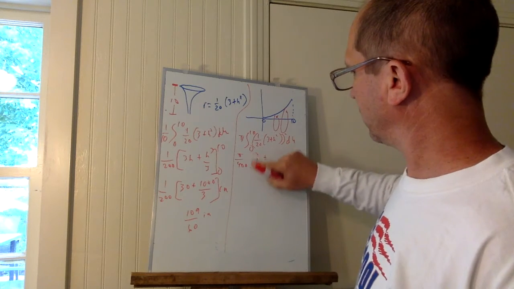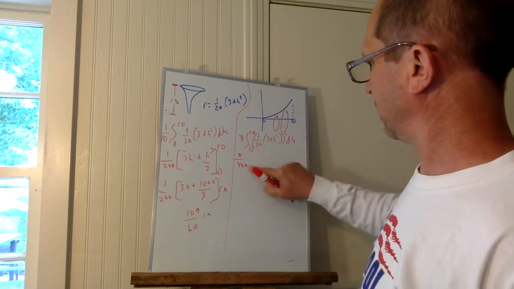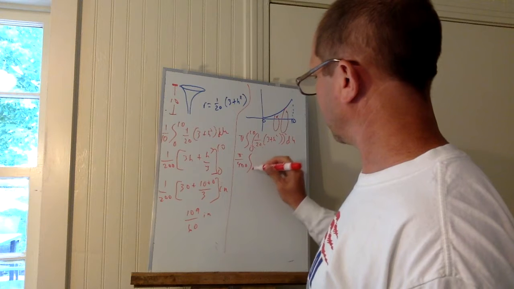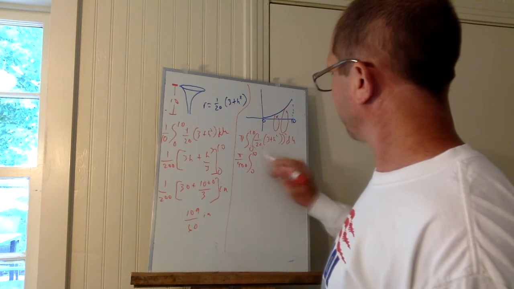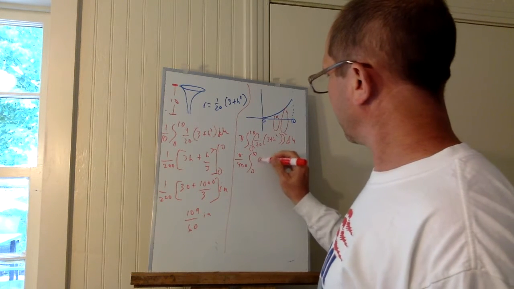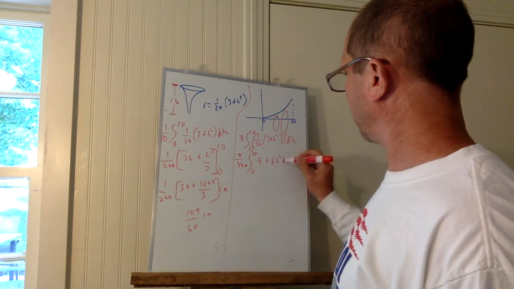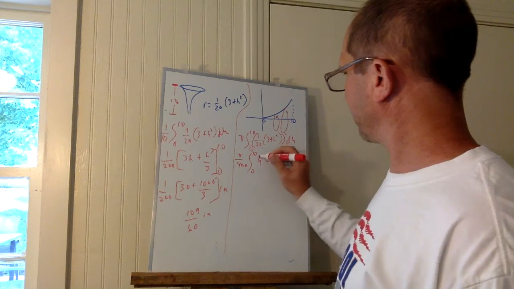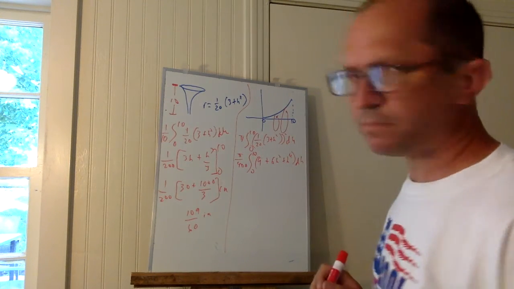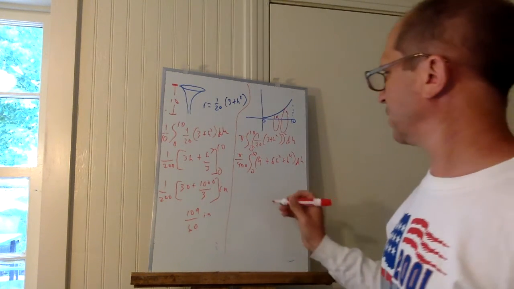Oh, that's horrible. Y'all thought my handwriting was going to get better because I was going to have so much time to practice it, but it just hasn't happened. So it's 9 plus 6h squared plus h to the 4th dh. Okay, so we integrate this.